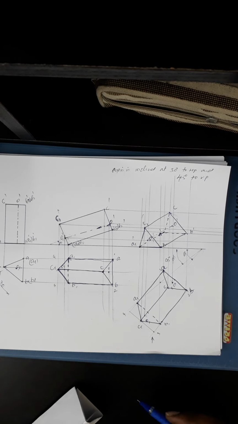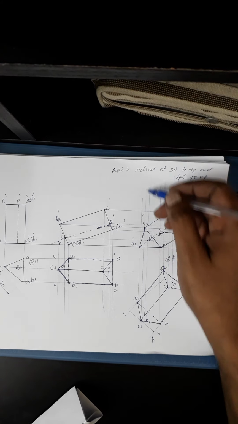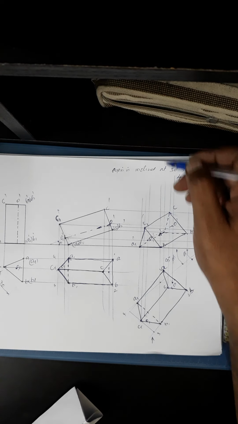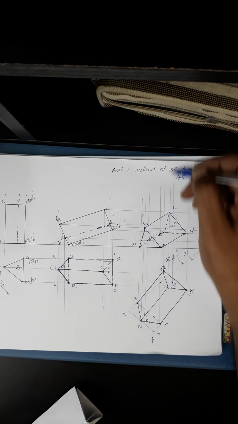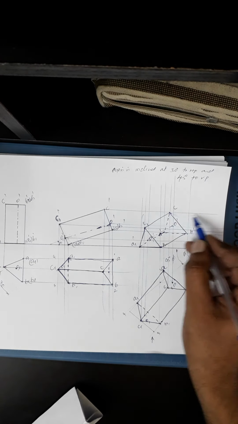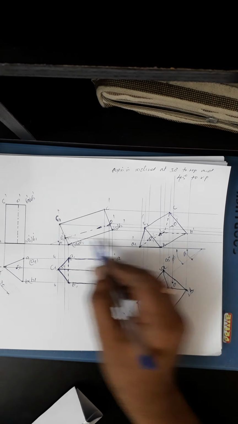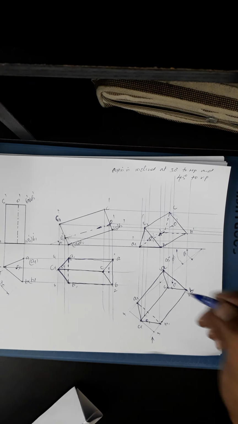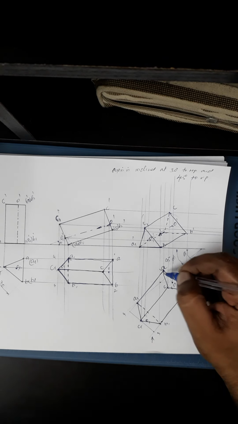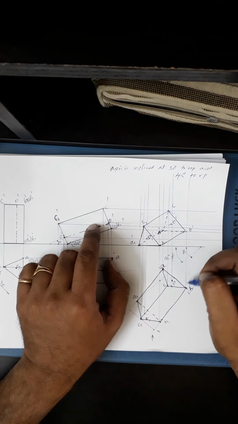Now you have to get this view. For that, you project all these points: A, C, O, and B. Project all the points. Draw loci from all the points: C, O, A, B, C1, O, A1, B1. Then you have to locate all the points now. So this is A and A dash.